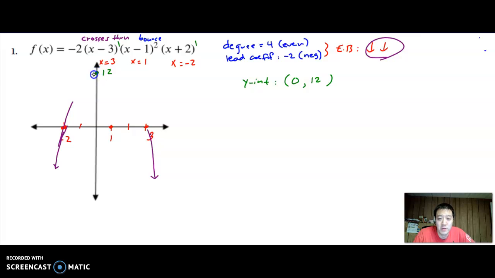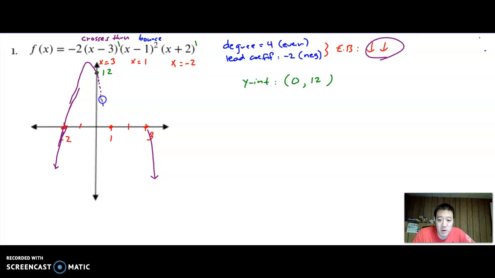So I know it has to go up and hit 12 somewhere. I'm going to draw it so that it hits the 12 on the way back down. I'm going to do it dotted first to try and make it a little more accurate.